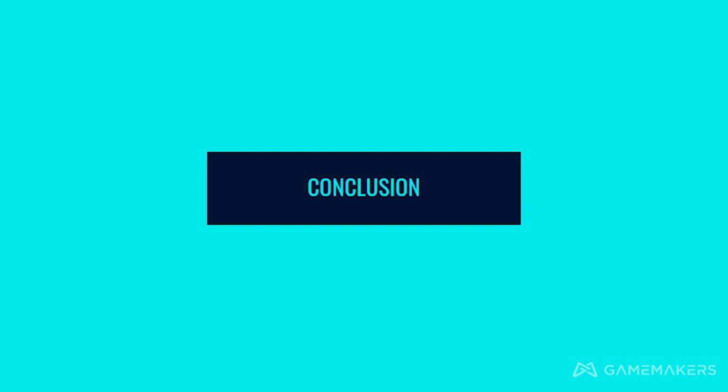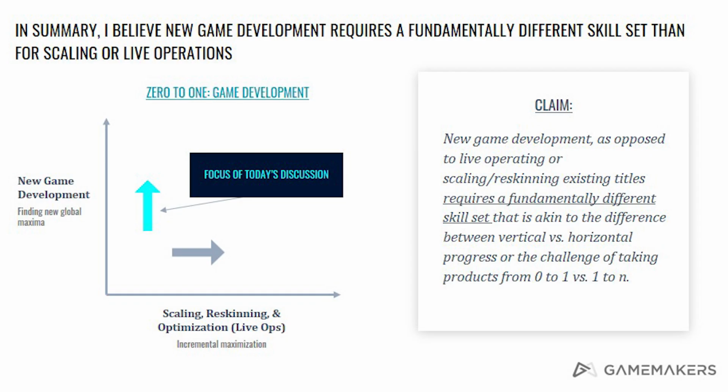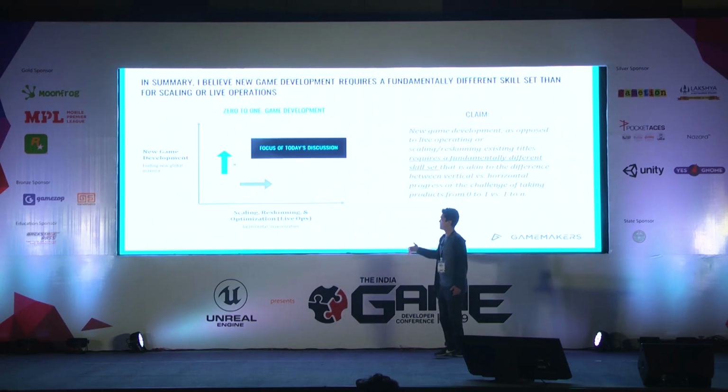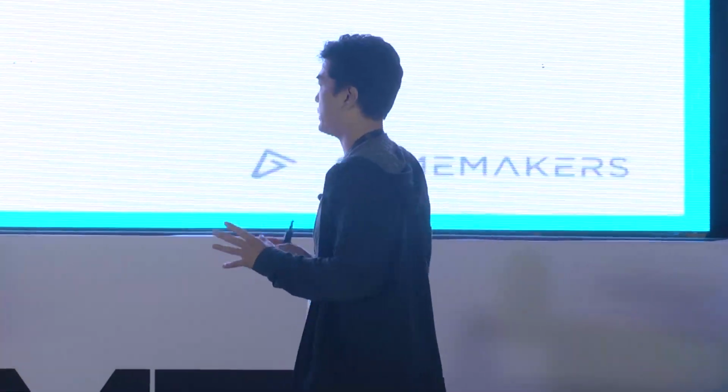So in conclusion, in summary, I believe that new game development is fundamentally different from this discipline around scaling, reskinning, and optimization, this live ops, in that, if you believe me, these two types of disciplines should be treated very differently. Now, that's not to say that the same person can't do both, but the thinking, the skills, the mindset has to be very different.